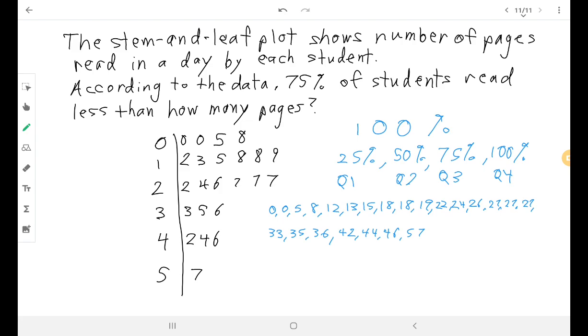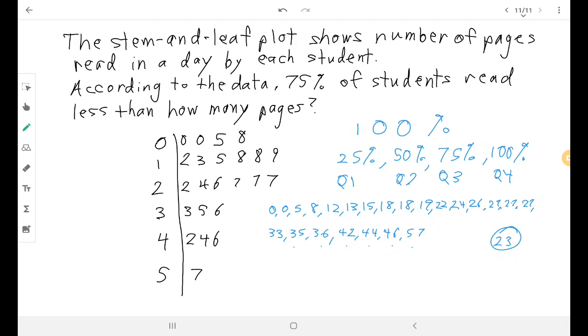So let's count them now. 1, 2, 3, 4, 5, 6, 7, 8, 9, 10, 11, 12, 13, 14, 15, 16, 17, 18, 19, 20, 21, 22, 23 of them. I suppose I could have gotten that number over here, but either way.